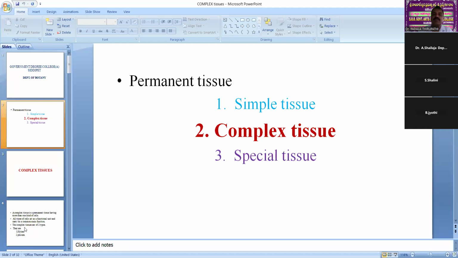Yesterday, Madam clearly explained the theories related to shoot apex and root apex, and also the permanent tissue, simple tissue: parenchyma, collenchyma, and sclerenchyma, including each and every point and also the examples. The examples are most important.